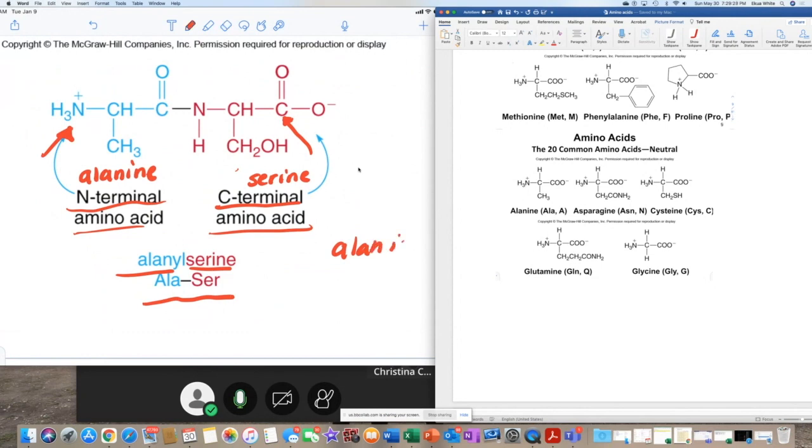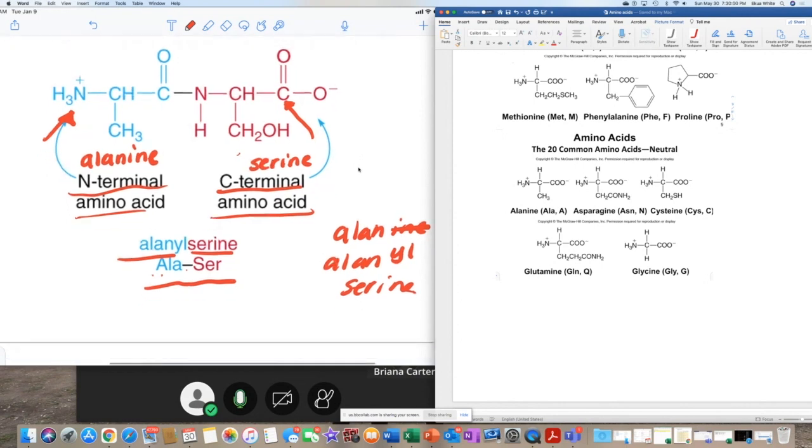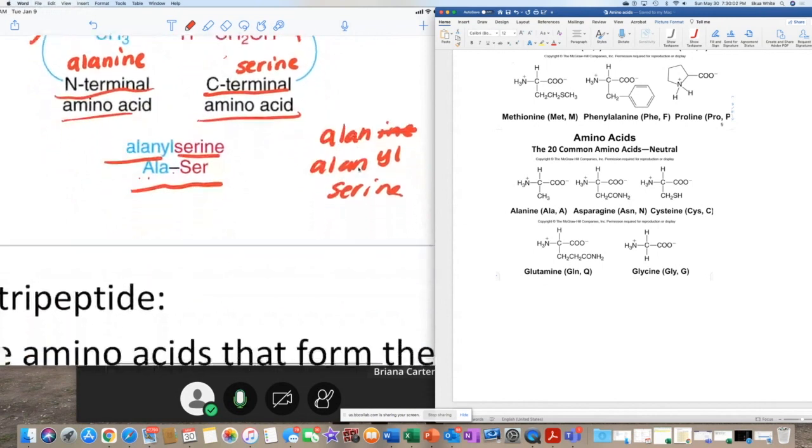It becomes alanyl. And then the last name, the serine, the terminal amino acid, retains its regular name. So alanylserine. It's a little tough for me to say that. But if you're told to do this in shorthand with a 3-letter abbreviation, it's Ala-Ser, or however you pronounce it. Either one works.